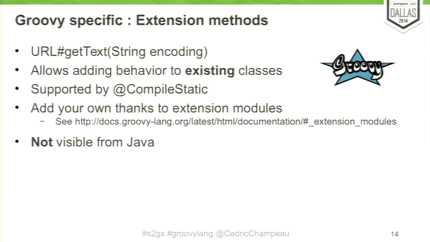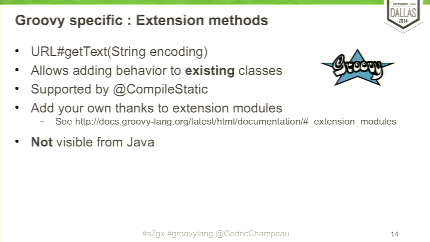So it's quite nice because it allows you to plug new behavior into classes for which you don't have any control. So typically, you don't have control over the classes of the JDK, but you can add new methods to those classes. It's quite interesting. It's compatible with static compilation in Groovy. So those methods are known to the compiler. Very interesting too. But those methods are not visible from the Java side.